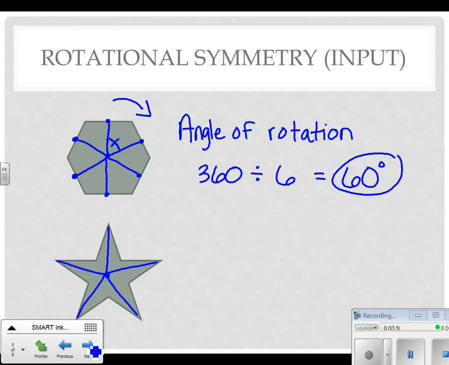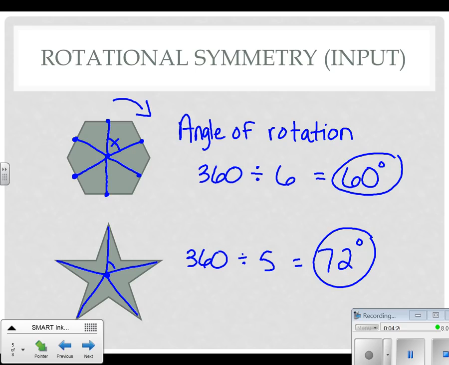So for the angle of rotation, we also see here that there's 5 angles, and those angles are congruent. If we take 360 degrees, divide it by 5, we get 72 degrees. So if we were to turn that star 72 degrees clockwise or counterclockwise, it would appear this exact same way. And that is what rotational symmetry is.